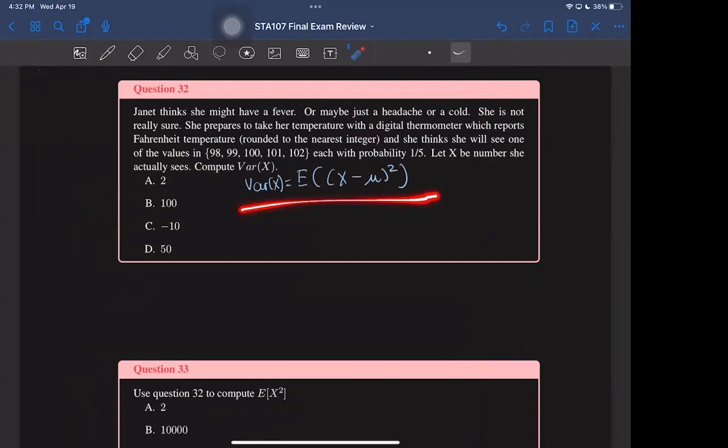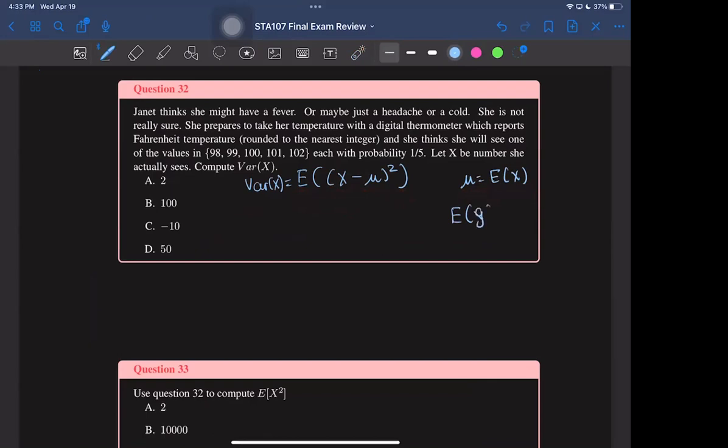This formula will require less computation than using the second formula. So you might need to see what the mean is. Mean is expected value.